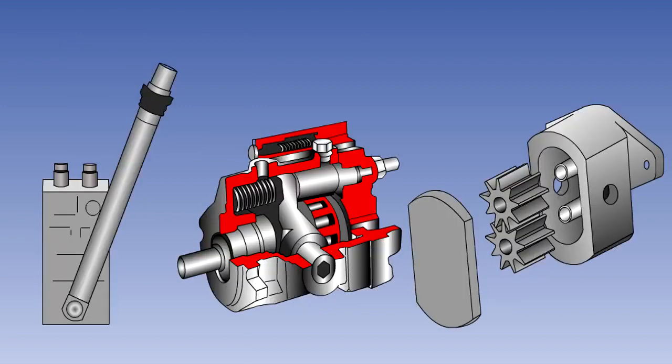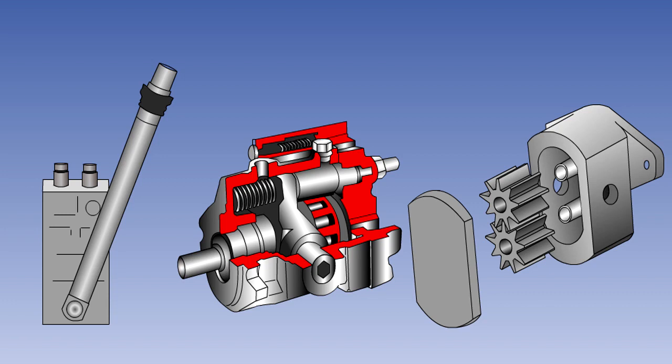To summarize, there are 3 types of pump in use: the simple hand pump and the 2 power-operated pump types. These are the constant delivery fixed volume type and the constant pressure variable volume type. These 2 pumps can be driven from a number of different sources, including the engine, an electric motor, an air motor, or a hydraulically operated motor from another system.